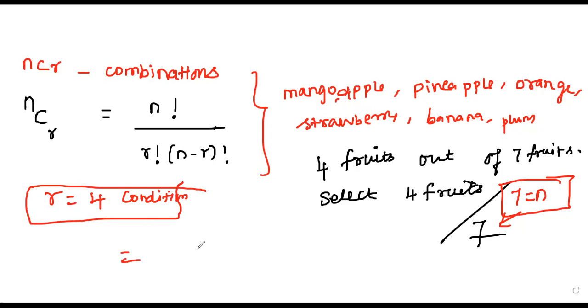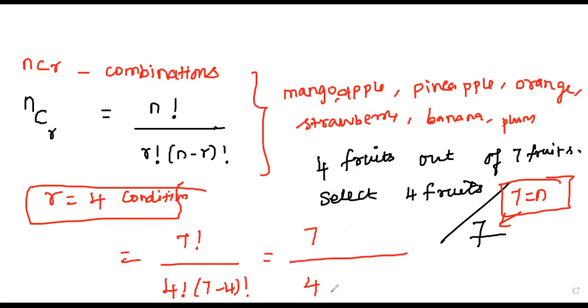It's going to be 7 factorial upon 4 factorial times 7 minus 4 factorial. So how will you simplify this? You can say 7 factorial divided by 4 factorial is 7 times 6 times 5.